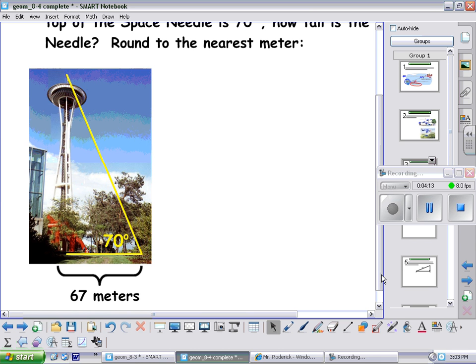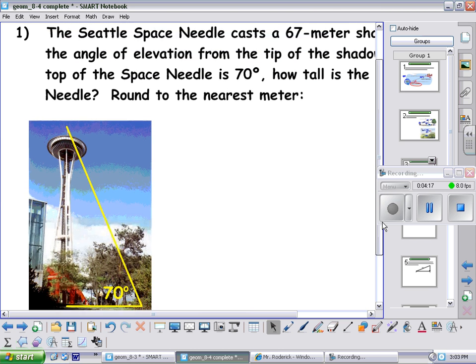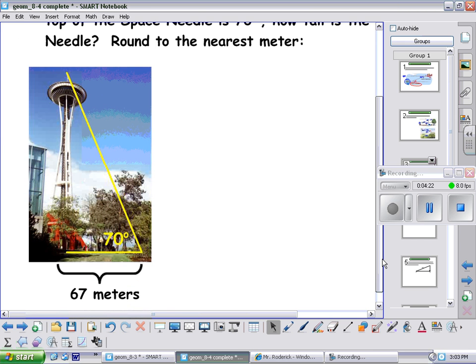Okay, and then here it says the angle of elevation from the tip of the shadow to the top of the Space Needle is 70 degrees. Okay, so they've labeled your picture here, saying right in here is 70 degrees. Okay, in this corner angle here, this is 67 meters. They're saying how tall is the Space Needle? X, right? This guy right here.